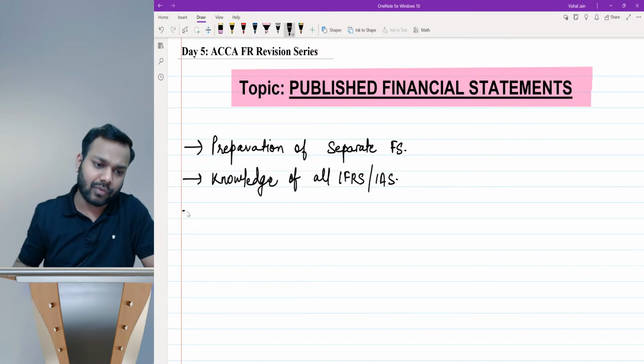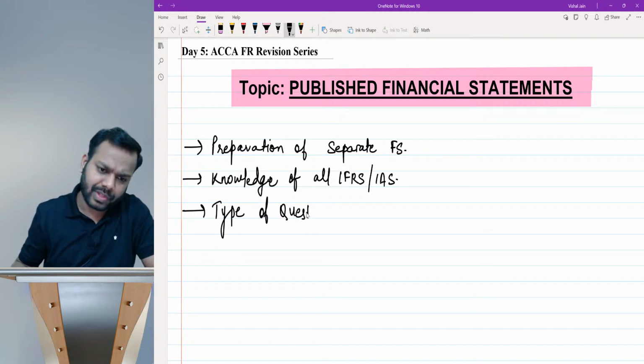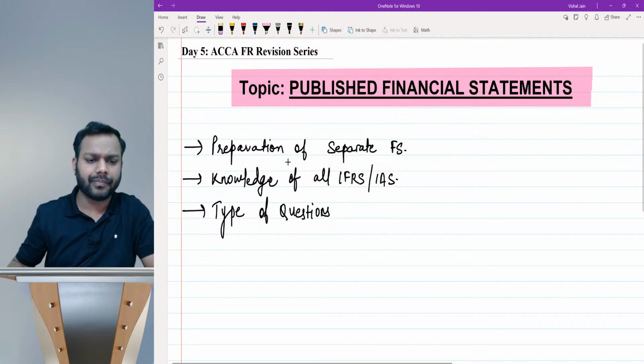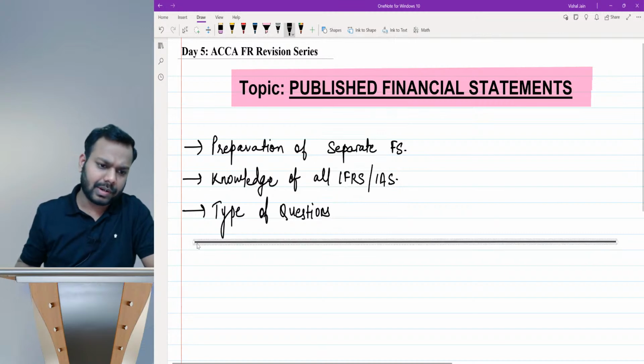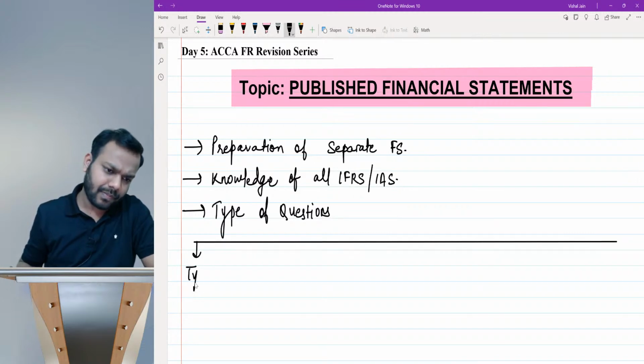Now coming to the type of questions that can get asked in the exam. There are only two types of questions that can get asked in the exam from this topic, and they are type 1 and type 2.